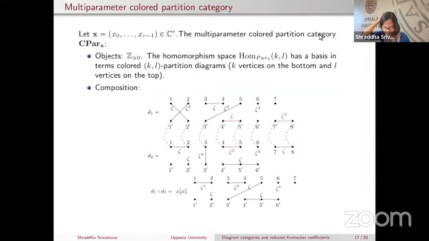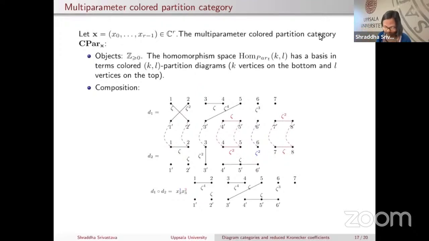I need to explain: the term colored is understood, since we are looking at colored partition diagrams, but why multi-parameter? When we multiply two colored partition diagrams, we do exactly as in the case of partition diagrams and colored permutation diagrams. We follow the path, and all the colors appearing in a path get multiplied.